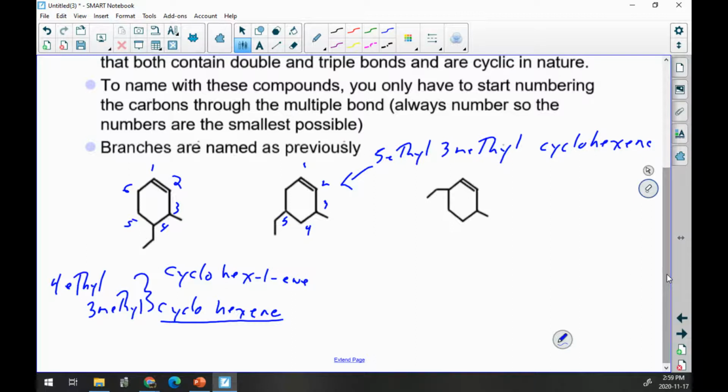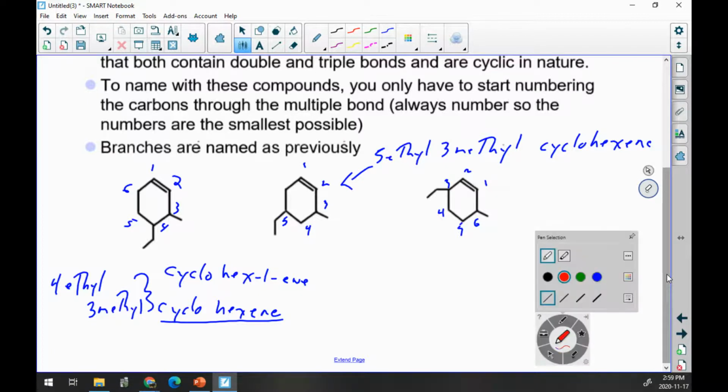Now, this one here probably is going to be numbered that way. Numbering it that way could also work because it follows all of our rules.